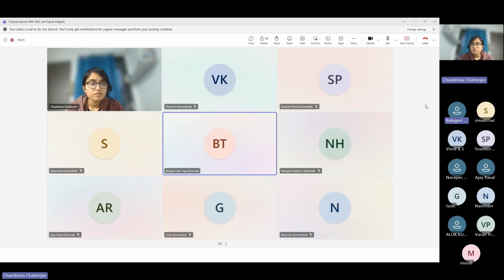Actually, how can I send the picture? I have the screenshot of the problem, but I am just unable to. Okay, can you share your screen? I will stop sharing and you can share your screen. Okay, yeah, just a minute.